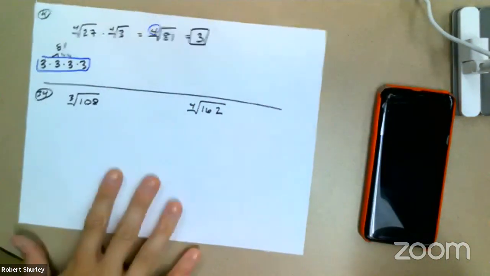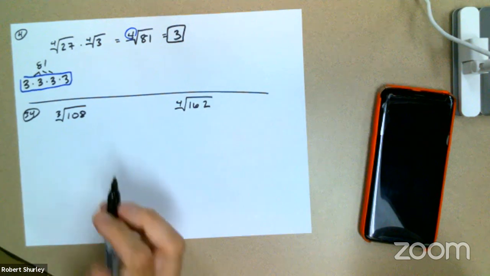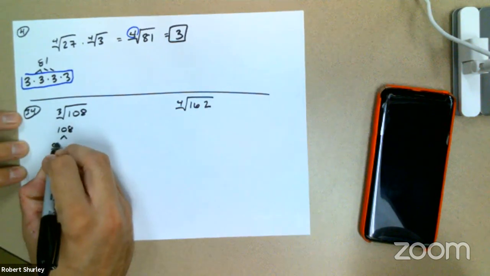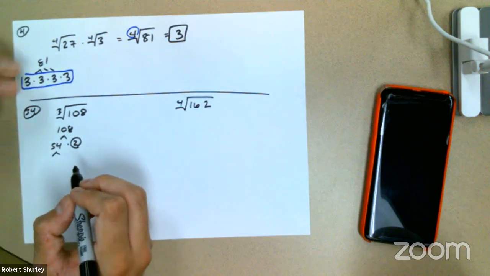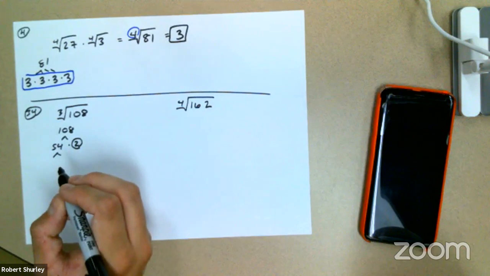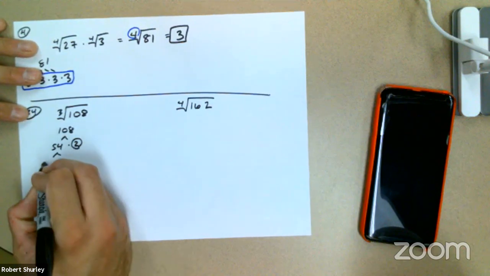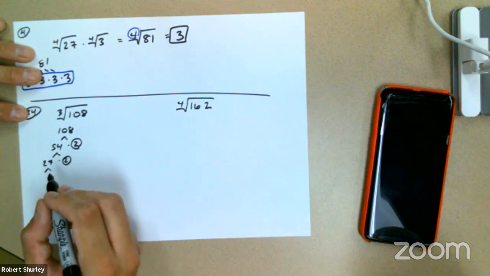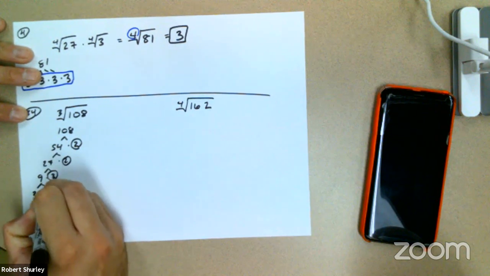Okay, keep working if you're working. I'm going to start simplifying these, and sometimes they just take a little while. So 108 breaks down into what? 54 times 2? And then 54 is what, 27 times 2? 27 is going to be a bunch of threes, right? 9 times 3, and then 3 times 3.